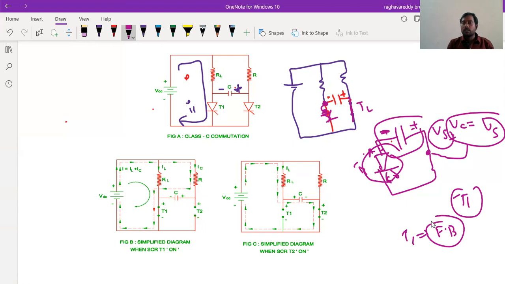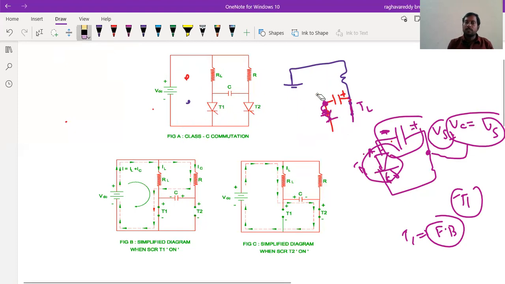As we know, to turn off any SCR, we should apply reverse voltage across the thyristor you want to turn off. So thyristor T1 will be turned off automatically if you give the gate pulse to thyristor T2.